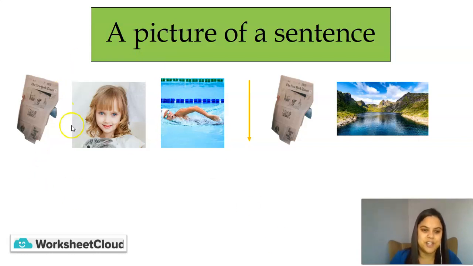Our next picture is a picture of a girl. Good, okay? So, the girl. In this picture, there is someone swimming, or swims, or swam. So now we can see the action word is a little bit more difficult to figure out. There's an arrow, a little bit difficult to figure out. What could that arrow mean?